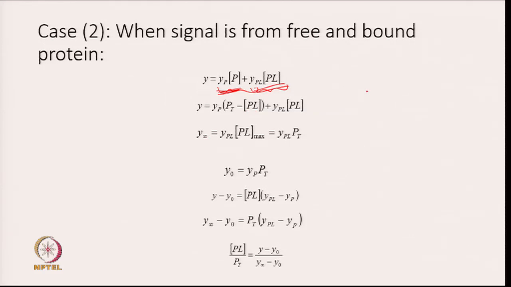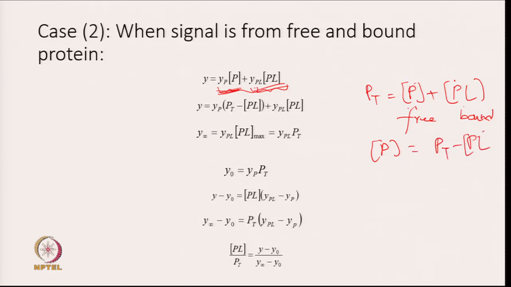What does that mean? You know that total protein concentration is equal to free protein plus bound protein. P is either free or in complex form with L. So, this is called free protein and this is called bound protein. So, free protein is equal to PT minus PL, that is what we have written here: YP into free protein, which is equal to PT minus PL, plus YPL into PL.